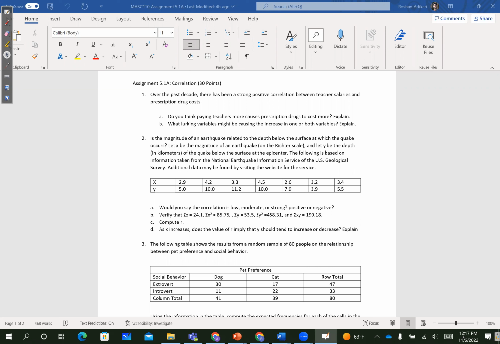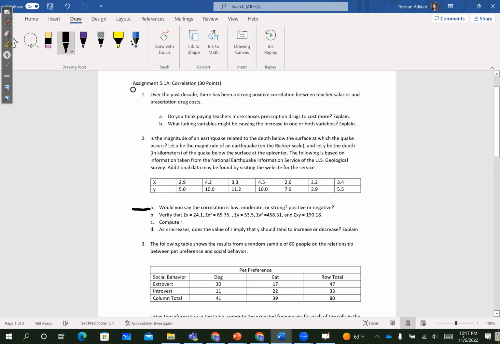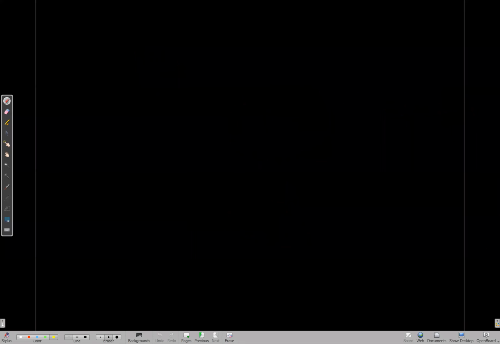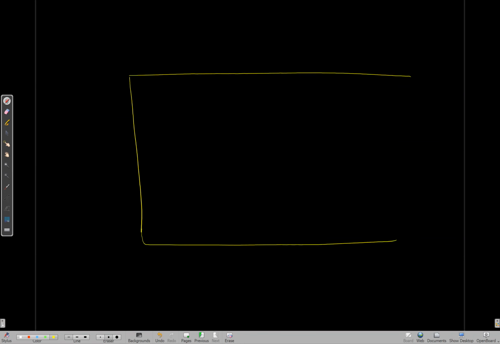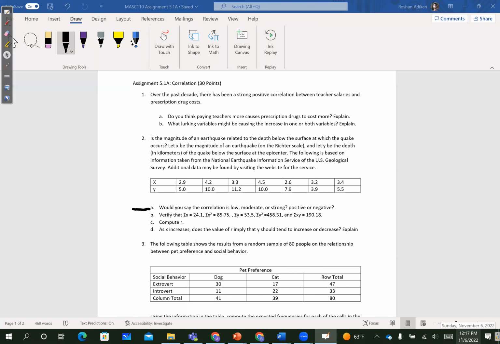So what you need to do for part A, you draw this scatter plot with a scale, right? With a good scale. That is the key. Now you look at x values from 2.6 is the lowest and 4.5 is the highest.